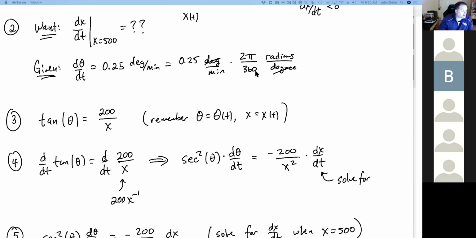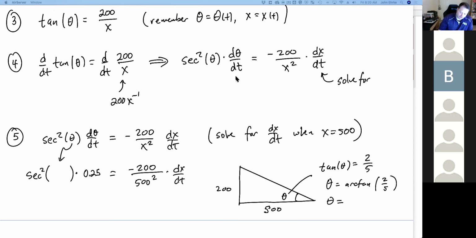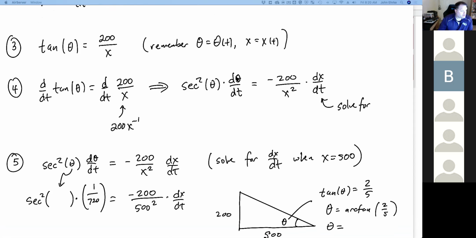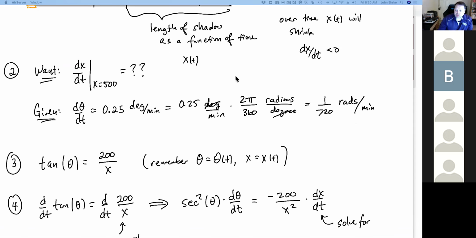0.25 times 2 pi over 360 will turn out to be pi over 720. This is radians per minute. The reason that's important is if you look down here where I plugged in 0.25, I shouldn't have done that. I should have had pi over 720 as the value plugged in for the rate. Rates in calculus must be in terms of radians because that's how the derivative of an angle is defined in calculus.